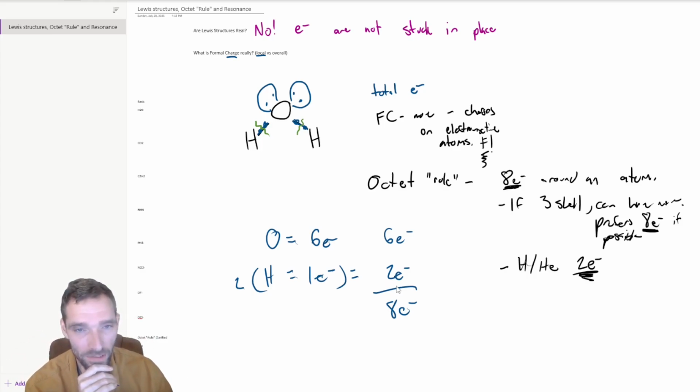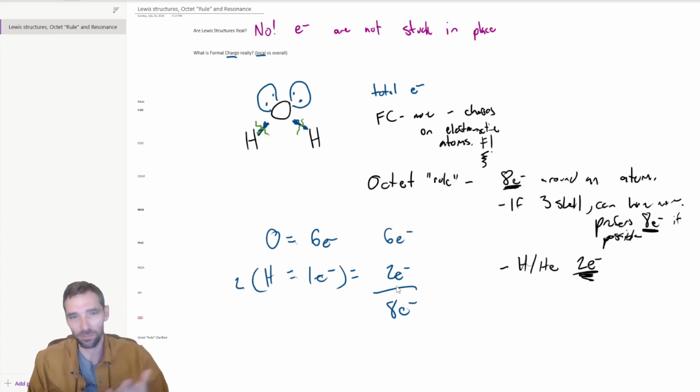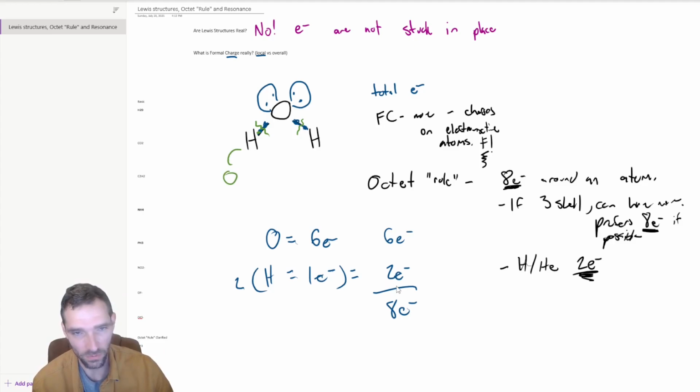So if I look at hydrogen here, it's got access to just 1. It normally contributes 1 electron, or it's got 1 proton, so an electron balances that out. So its formal charge would be 0. For both of these guys, it's not plus or minus, its formal charge is 0. For the oxygen here, I'm seeing 1, 2, 3, 4, 5, 6 electrons that it has access to if we're splitting it 50-50 between these 2 bonds.